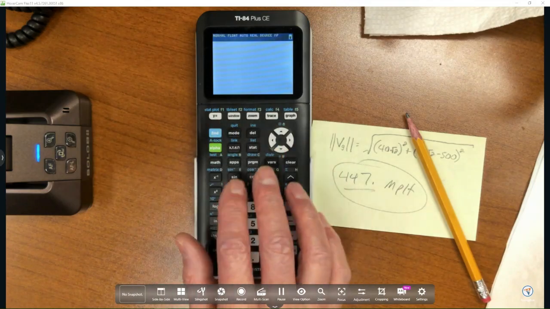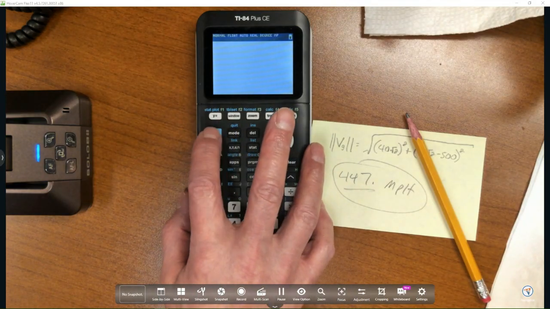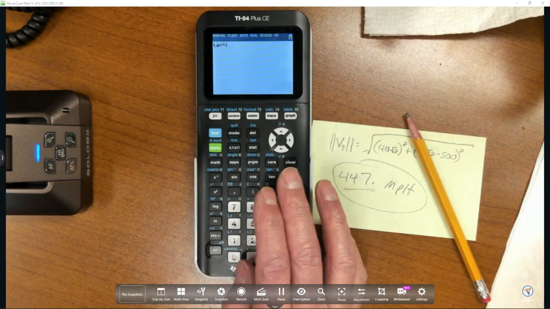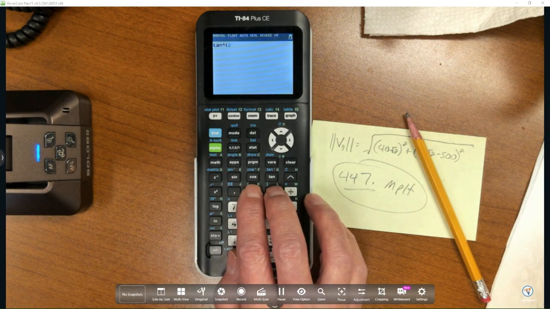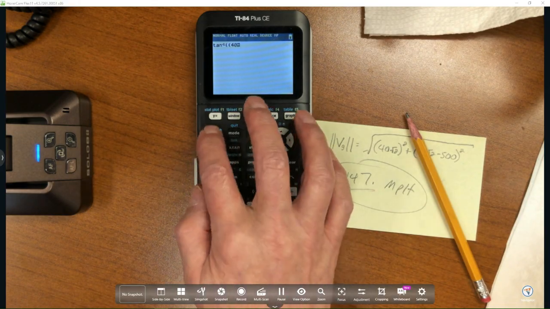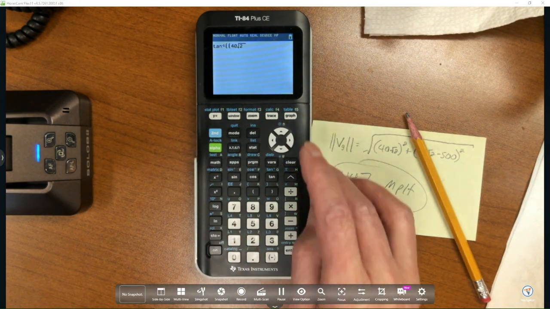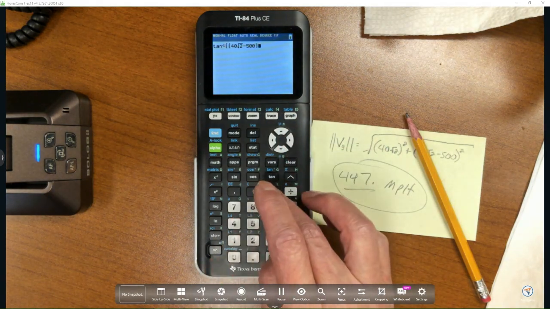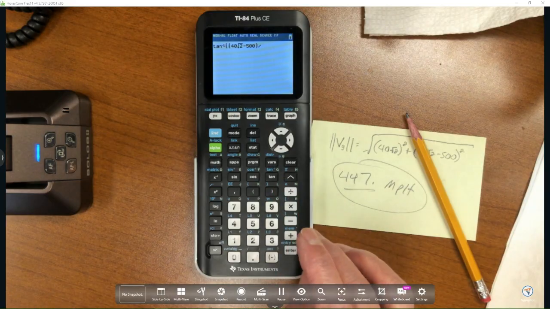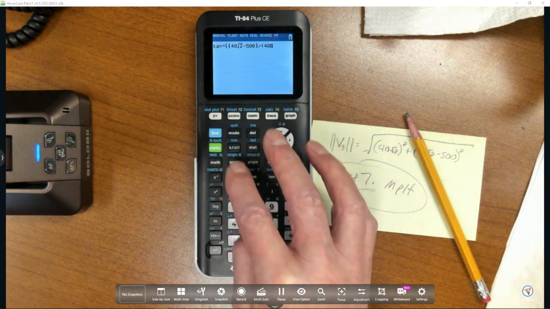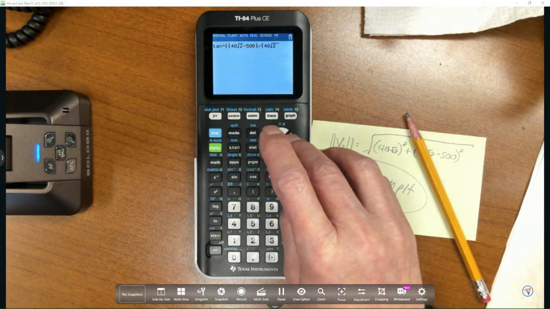Okay, so we're going to enter that into our calculator. We're going to find the inverse tangent. So second tan, and then I have to open parentheses for the numerator and the denominator. So this will be open parentheses 40 times the square root of 2, get out of the square root, subtract the 500, close the numerator parentheses, divide, open the denominator parentheses, 40 square root of 2.